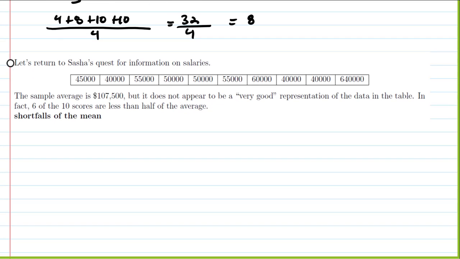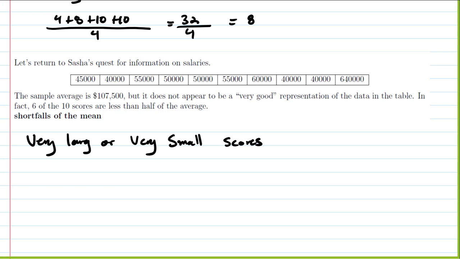So as this example is illustrating, very large or very small scores can change the mean.